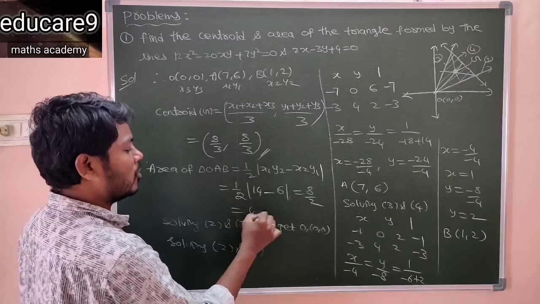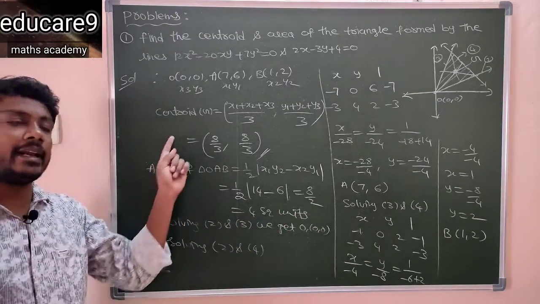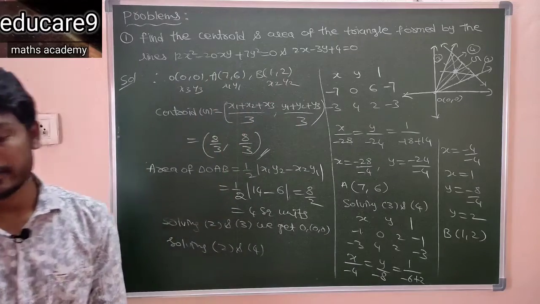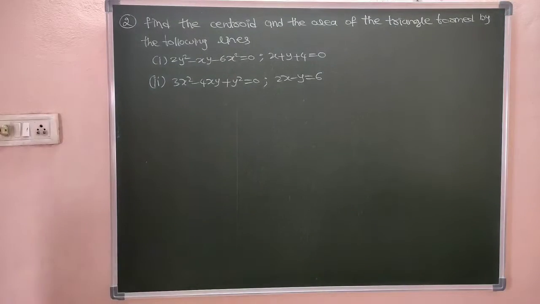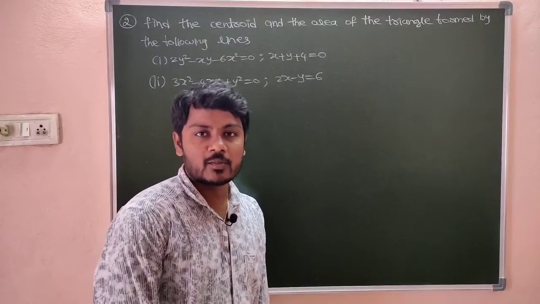So this is 4 square units. So this is the centroid and the area of the triangle formed by the 3 lines. Try to solve this question. For the next session we will discuss more problems.